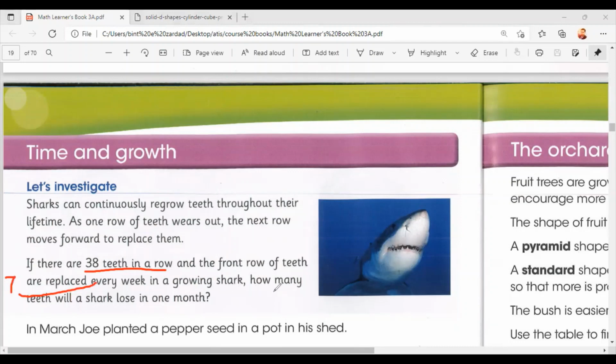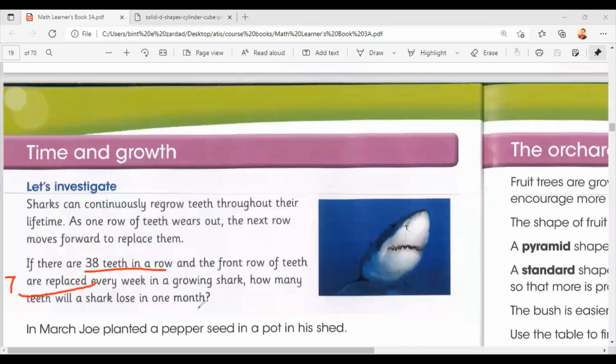Okay, so how many teeth will a shark lose in 1 month? In 1 month, we know there are 4 weeks.